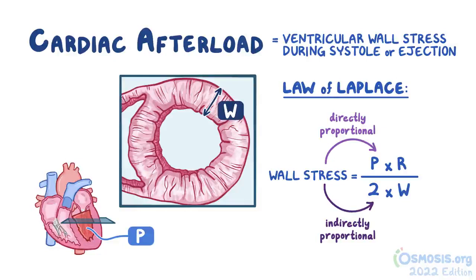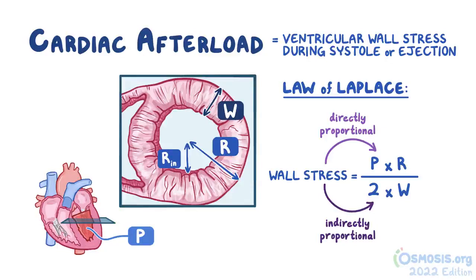And finally, the radius is the distance from the center of the ventricle to the outer edge. So actually, the radius, or R, comprises an inner radius, or RIN, which is the radius of the ventricular cavity. And the full radius is RIN plus the ventricular wall thickness.